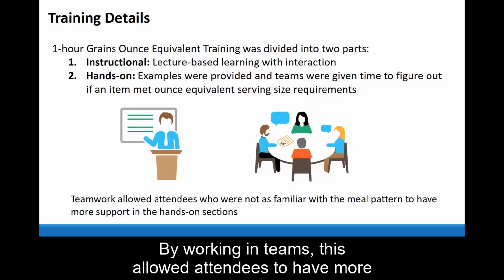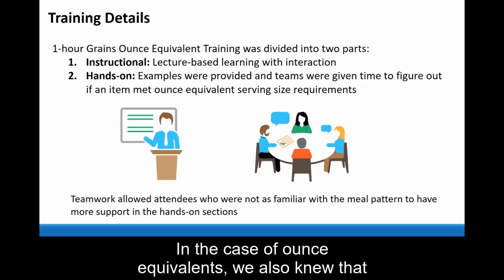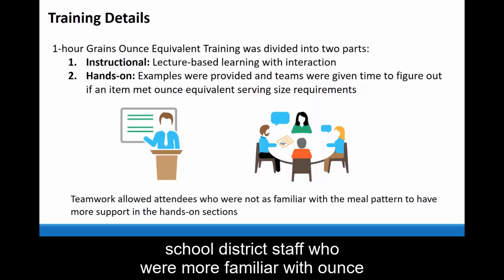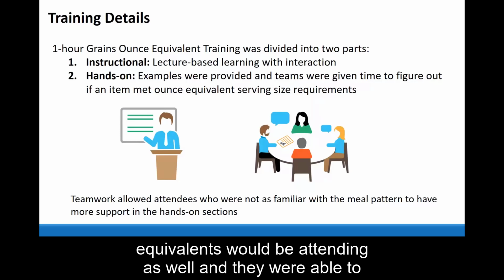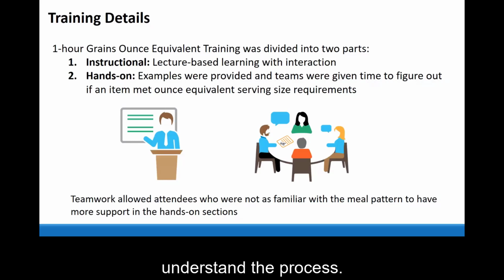By working in teams, this allowed attendees to have more support from their peers. In the case of ounce equivalents, we also knew that school district staff who were more familiar with ounce equivalents would be attending as well, and they were able to help some of our other attendees better understand the process.